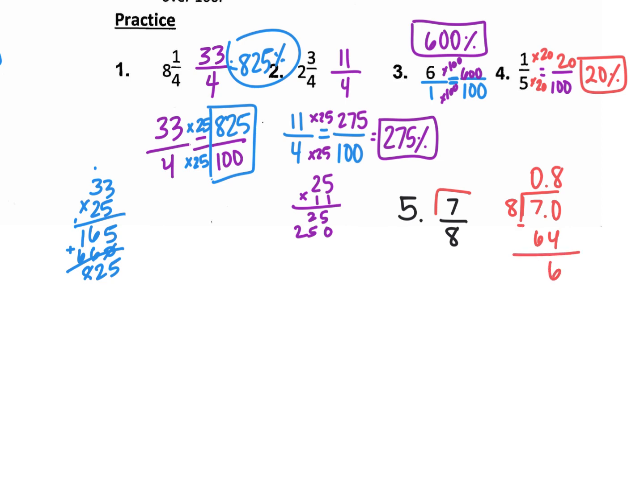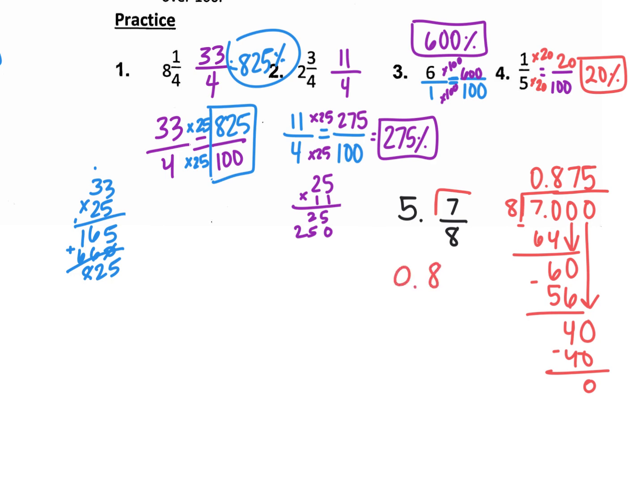I add a 0 so I can keep dividing. 8 goes into 60 7 times, and 8 times 7 is 56. I have 4 left over, but I got to keep dividing. So I add another 0, that becomes 40, and 8 goes into 40 5 times. Okay, now my equivalent decimal is 0.875.